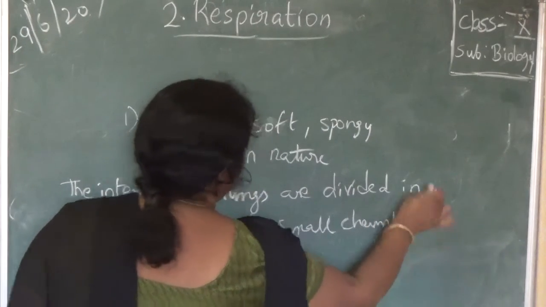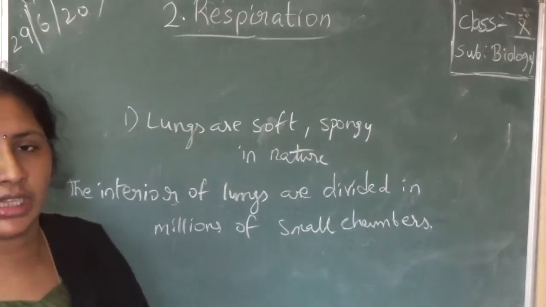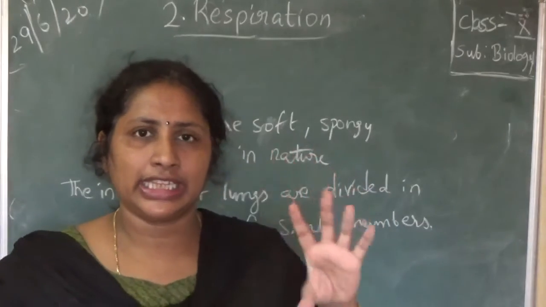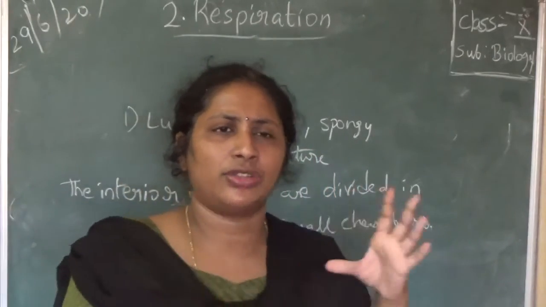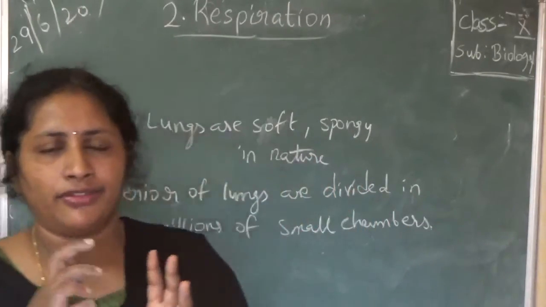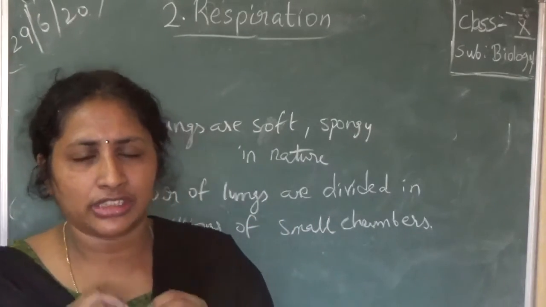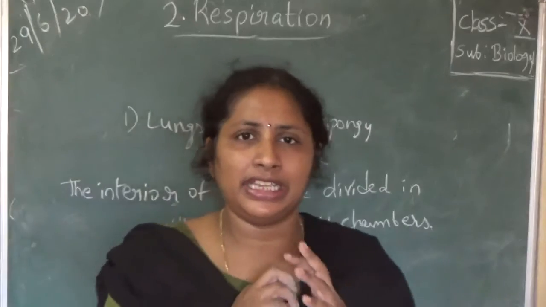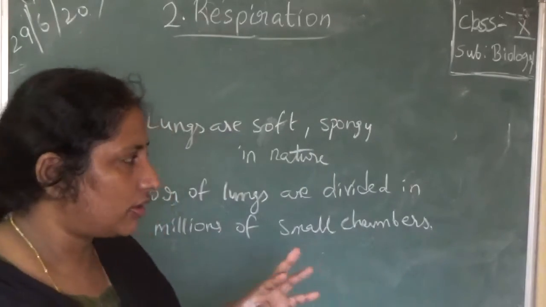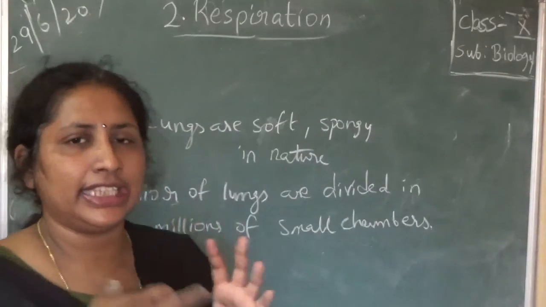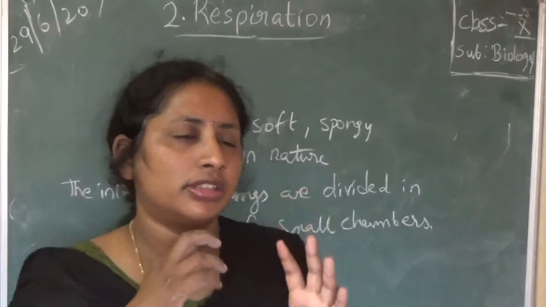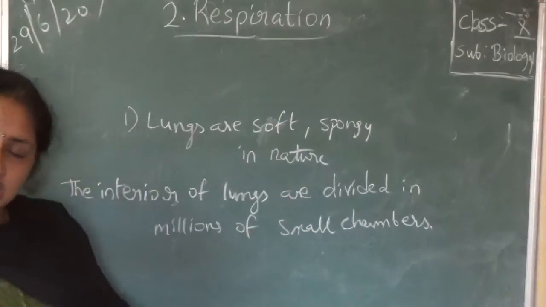Okay, millions of small chambers. If you see the lung inside, it is completely filled with alveoli. I have said that there are millions of alveoli. So that means the interior of the lungs has millions of small chambers.